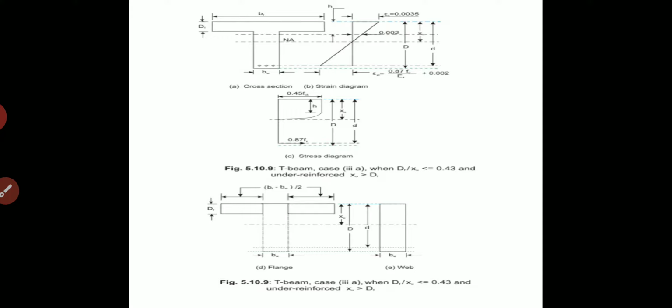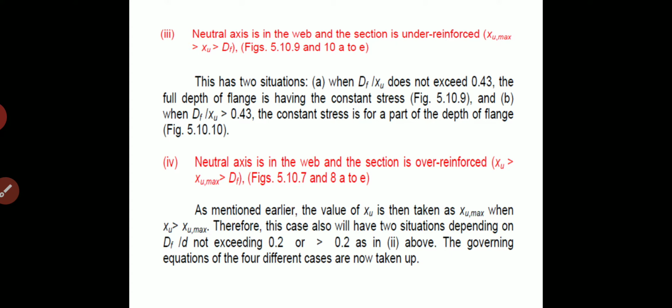And in the third case, the neutral axis is in the web and the section is under reinforced. Xu max is greater than Df, that is, Xu is greater than depth of flange, and Xu max is greater than Xu. This has two situations.